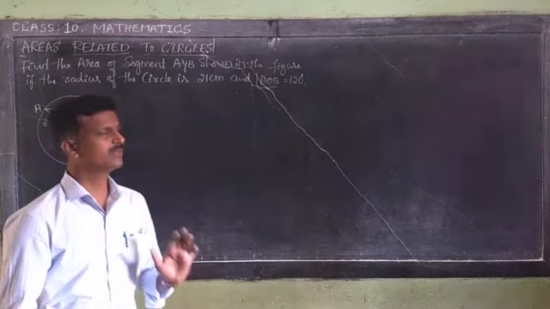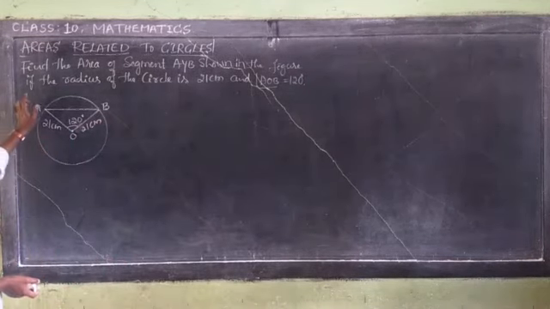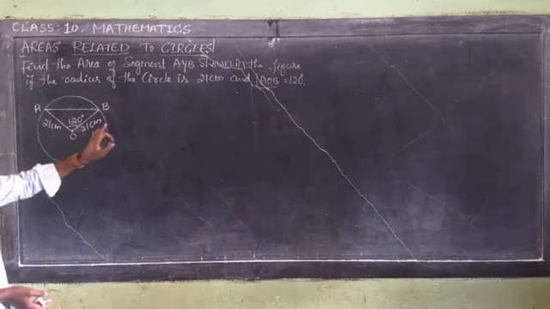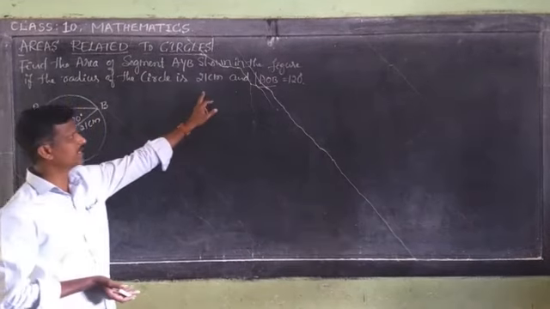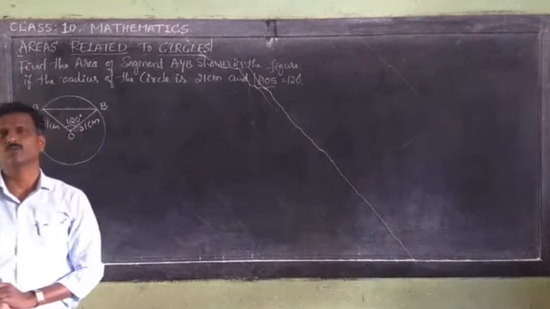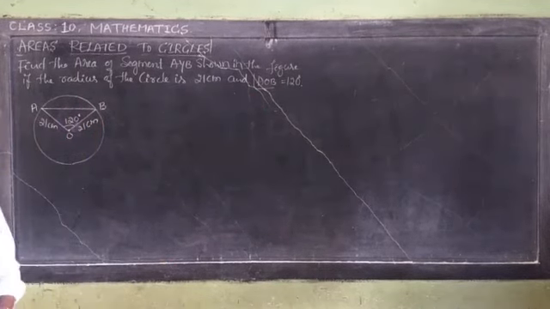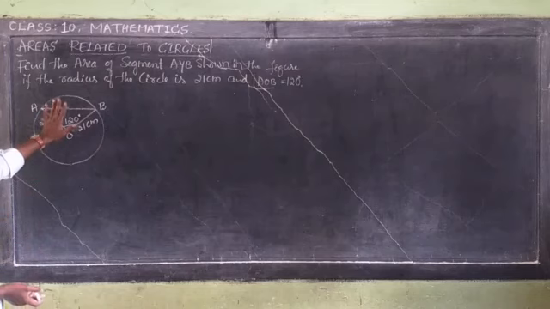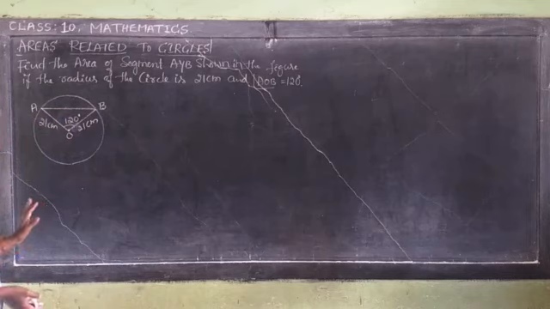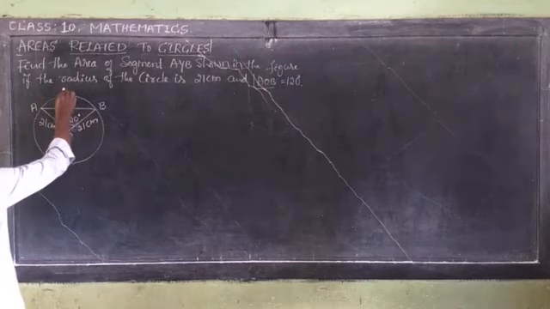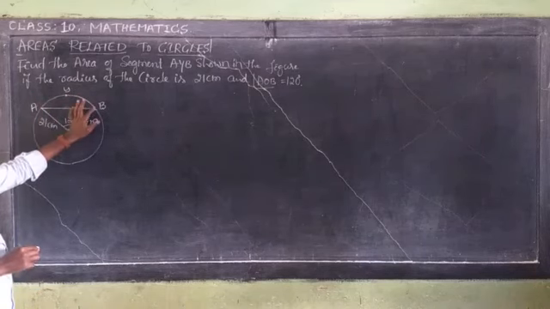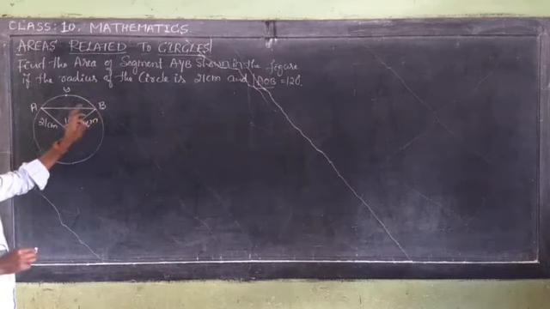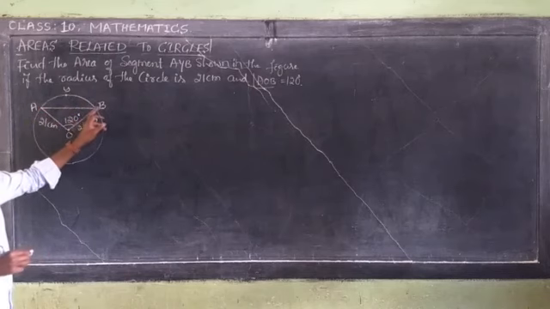Now the next problem is: find the area of segment AYB shown in the figure, if the radius of the circle is 21 centimeter and angle AOB is 120 degree. Here you have a figure, a circle with center O. In this figure, AYB is a sector formed by the angle AOB.